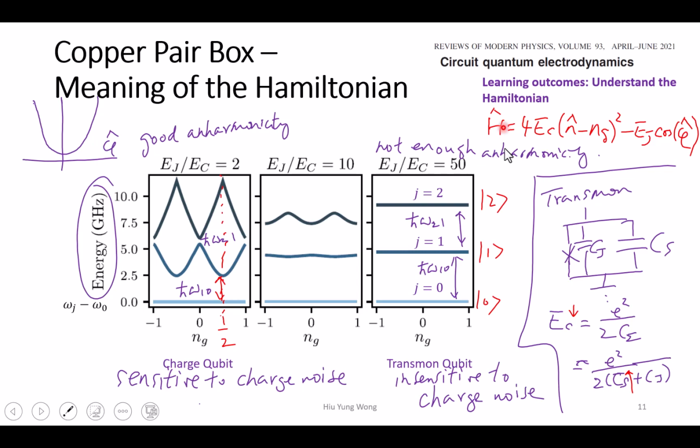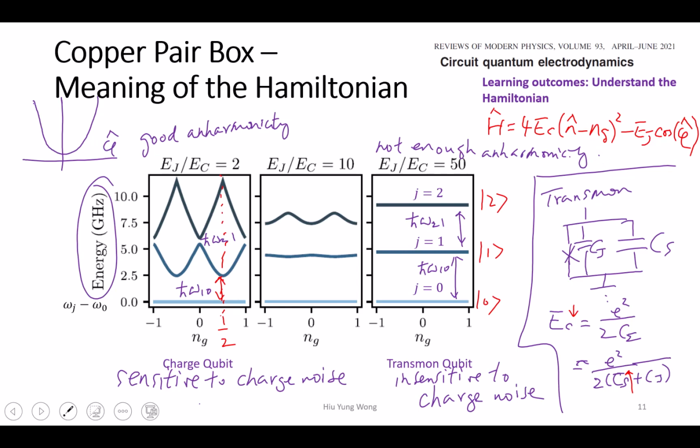And if you look at this equation, you can imagine if I have a very large EC, I can kind of ignore the EJ, not ignore, but it becomes less dominating, right? If I have a large EJ, this term is less dominating. Now, what is NG? NG, of course, is great because we use it to control the qubit. But it also means that what if I have noise?